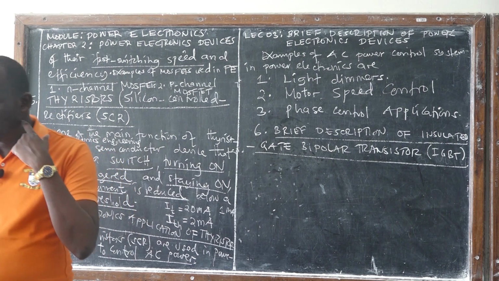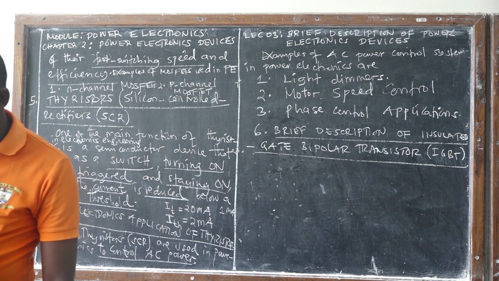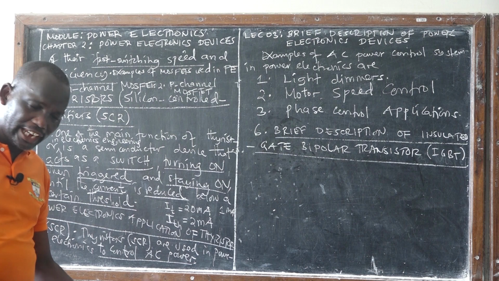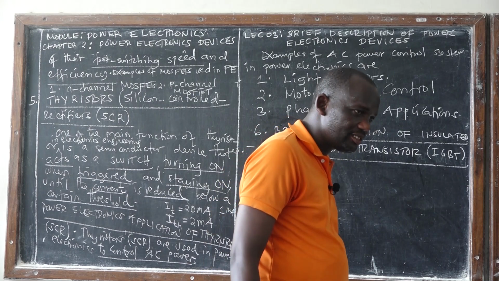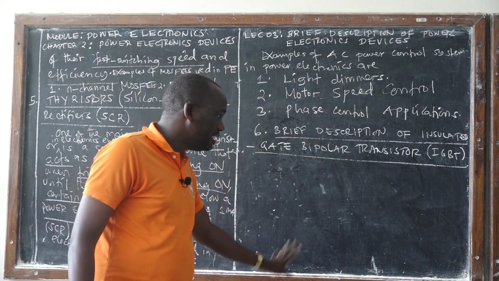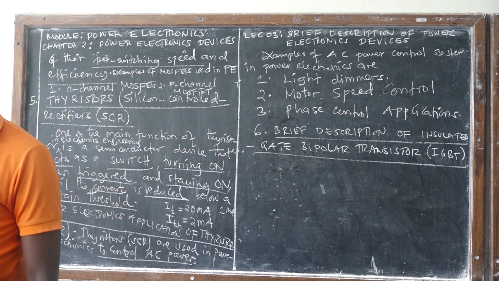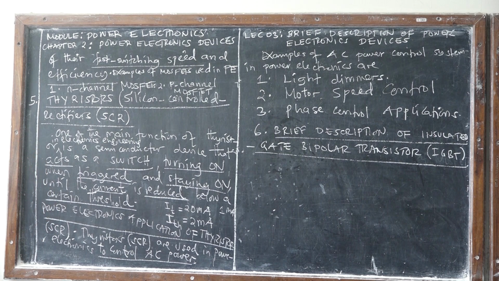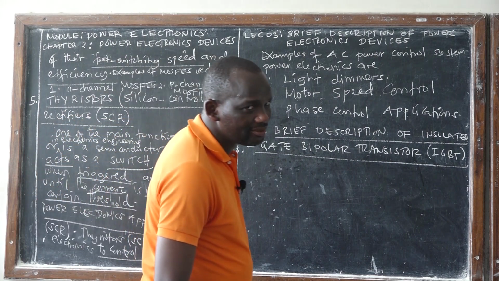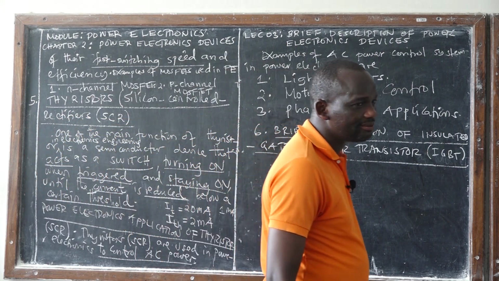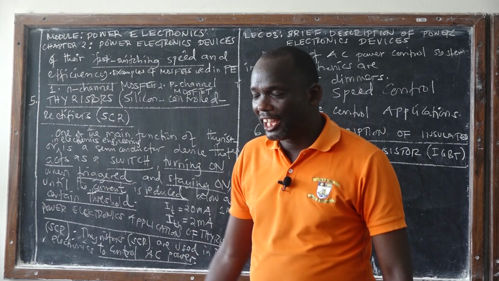Say insulated gate bipolar transistor. Say it 3 times. 1, 2, 3, go. Ladies, say it yourselves 3 times. Some of the ladies in this class pretend to be gentlemen.